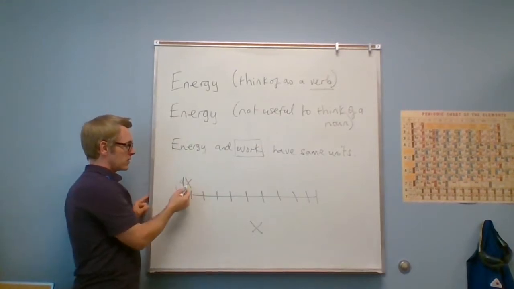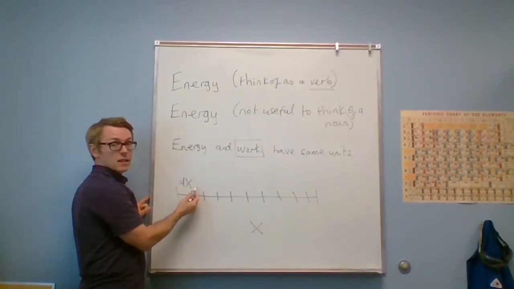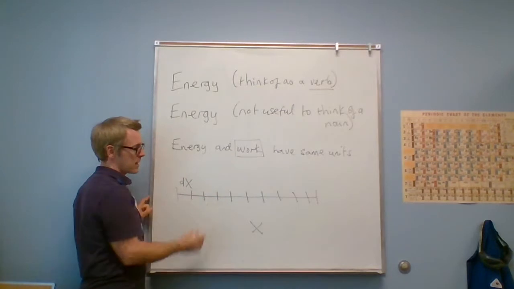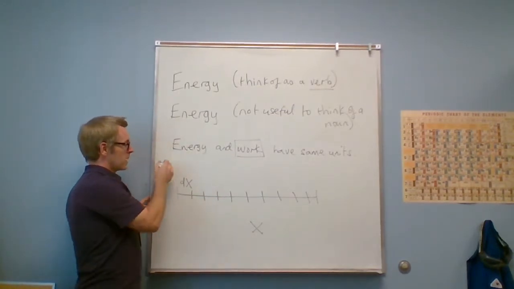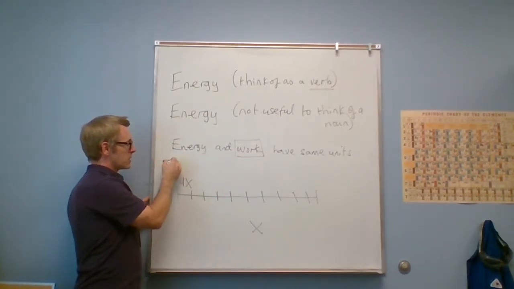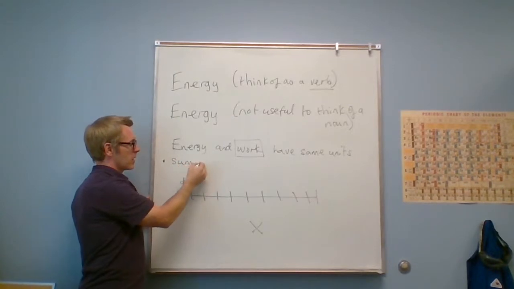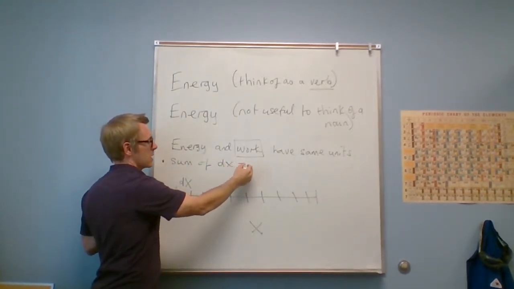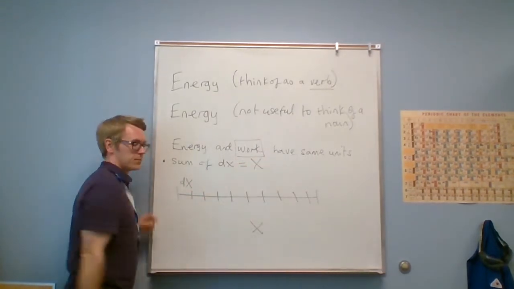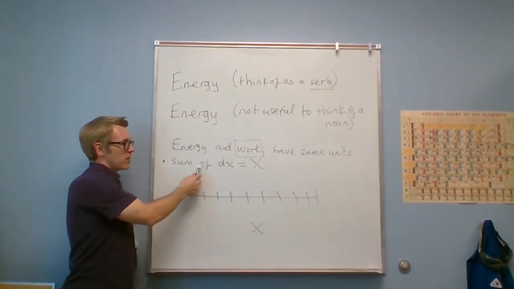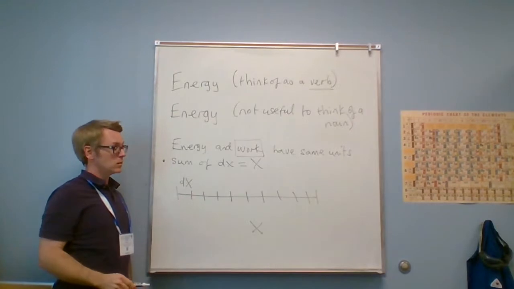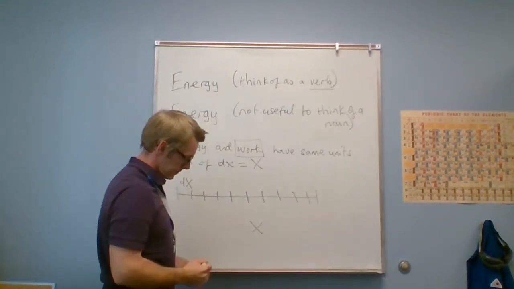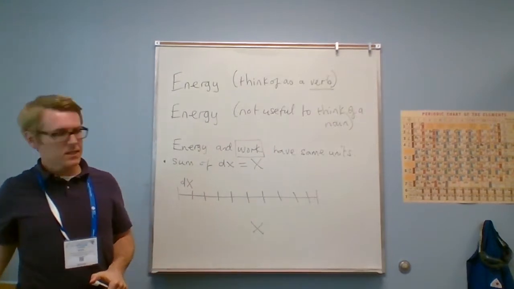So this is one difference in x, this is a second difference in x, a third difference in x. Then it's a true statement that the sum of all the differences in x is equal to x. Or the sum of the pieces is equal to the whole.